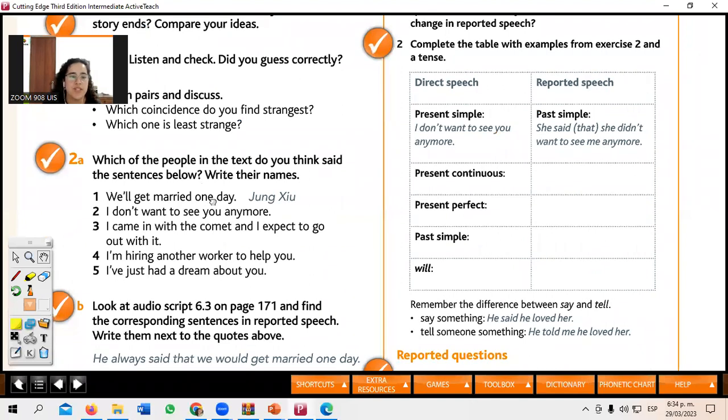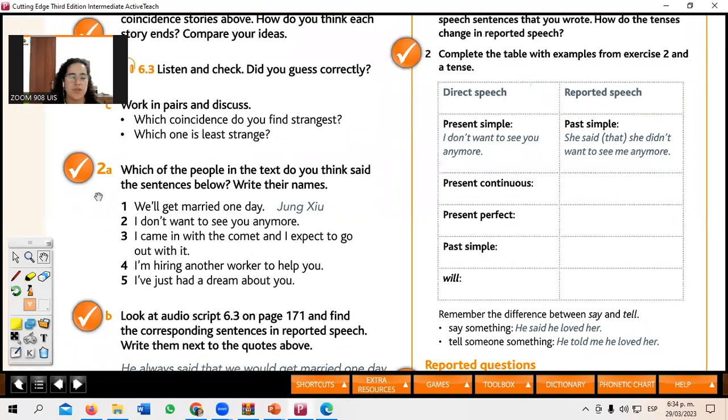Let's continue. So we're going to go to point number 2, 2A, and you're going to write the names of the person that you think said these sentences below, right? For example, we'll get married one day. This was said by Young Chu. Okay, so who said the other sentences?